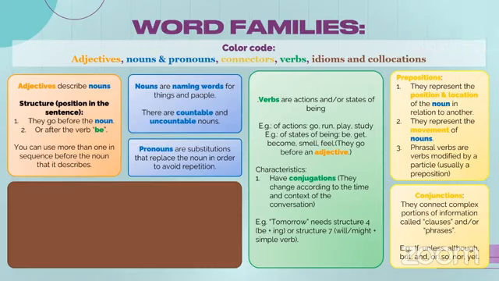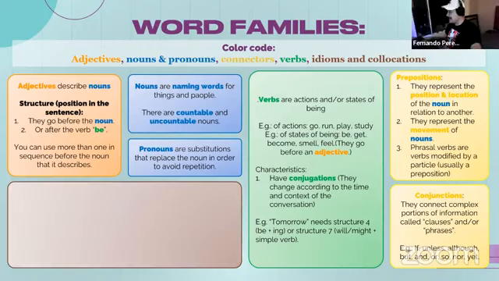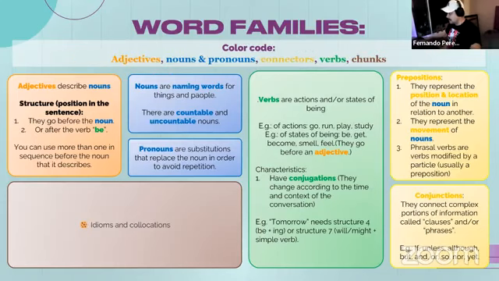Chunk. Excellent. That's correct. So what we're going to do is take the chunks and call it idioms and collocations, which is represented by the cookie. And over here, we're going to call them chunks. Right?